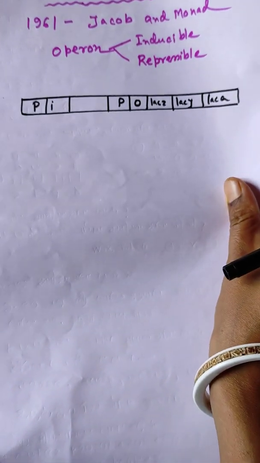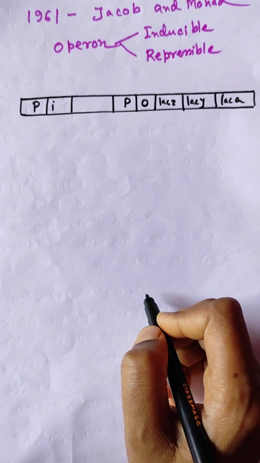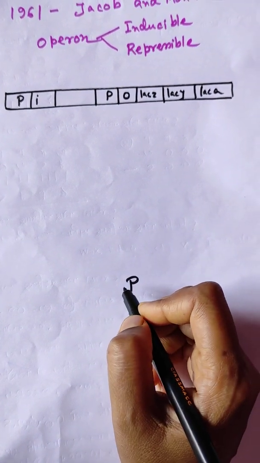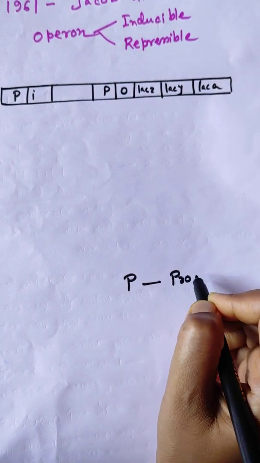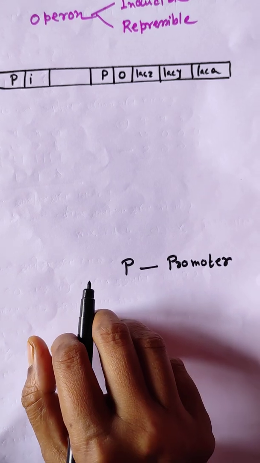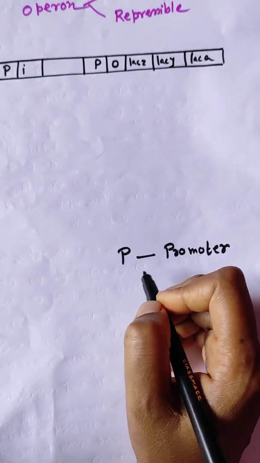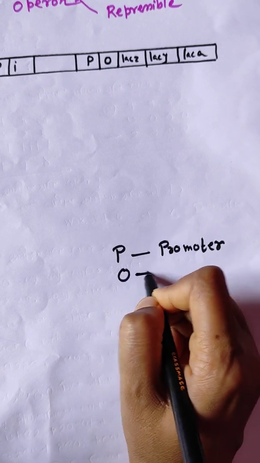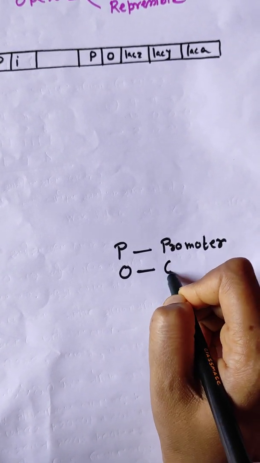Here P represents promoter. O represents operator.